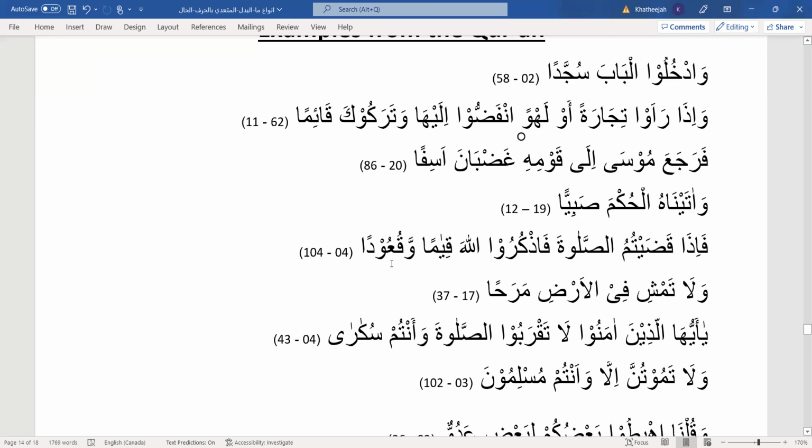Qiyaman is a masdar, qu'udan is a masdar, and they have come for qa'imina and qa'idina actually. So a masdar has been used as a plural of ismul fa'il, and they are both used as hal, and they're describing the hal of the antum inside udhkuru. You all remember Allah while you are in the state of standing and sitting.